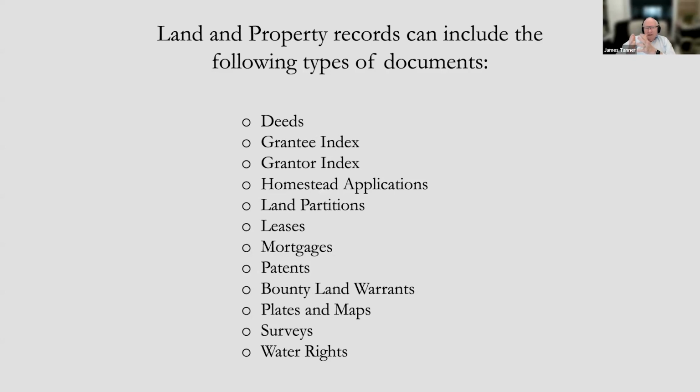Well, deeds are probably one of the most important of these documents, and the most available. And so when you get to that point, you may find out a lot more information and be able to confirm information that you may have already found in the past.